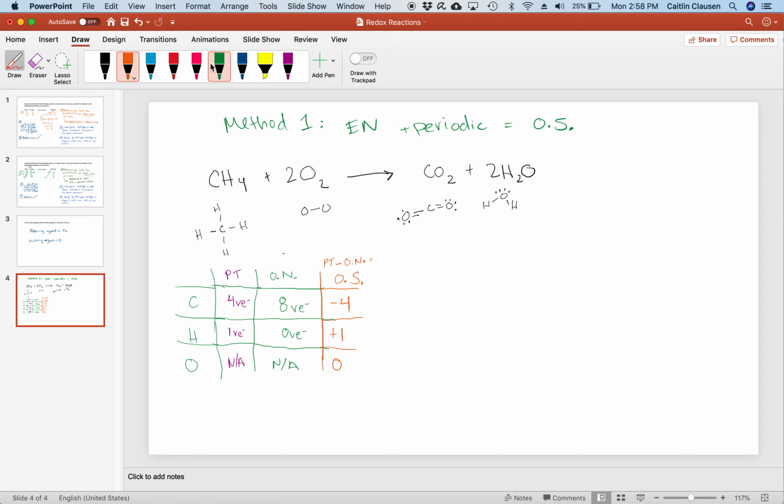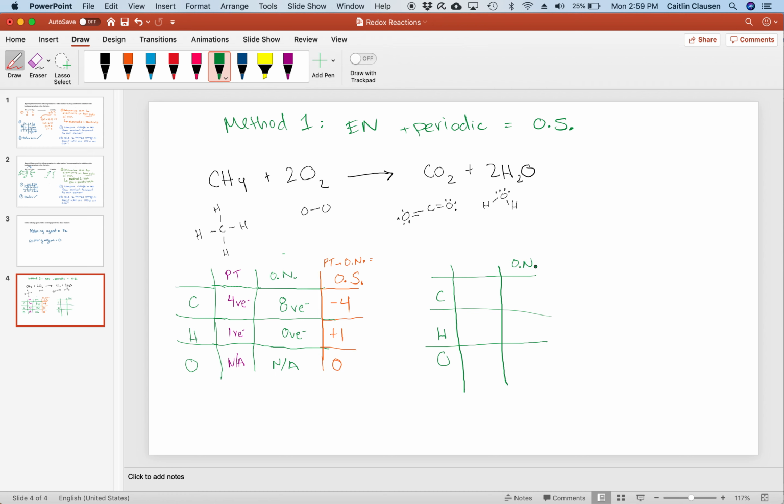Now let's look at the product side. We still have carbon, hydrogen, and oxygen. We're going to look at similar things, but just on the product side. So we're still going to do the oxidation number.